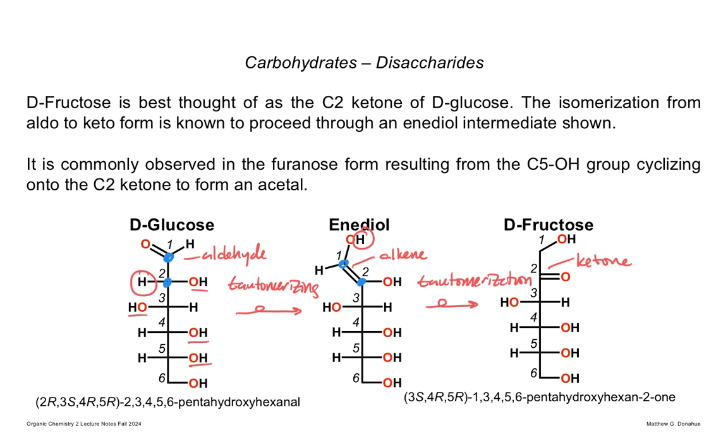And so that is a ketose. So remember, if it's an aldehyde, it's an aldose. Now it's a ketose. And when this thing can cyclize again from that carbon 5 OH, it will form a ring up into that ketone to give you the 5-membered ring.